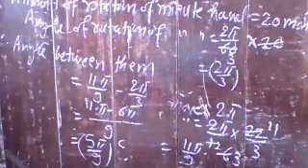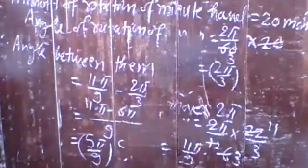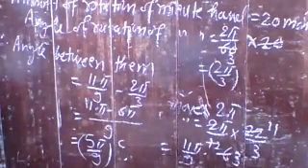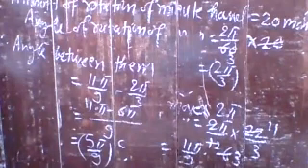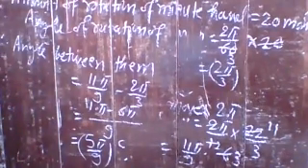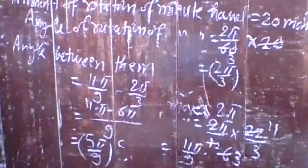In the same way, if you want to find the angle between the hands of a clock at a different time, you can follow the same steps. Okay, next question.